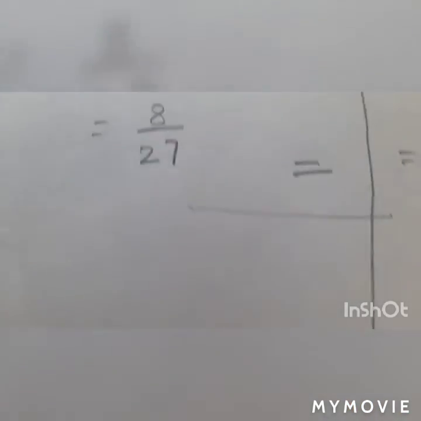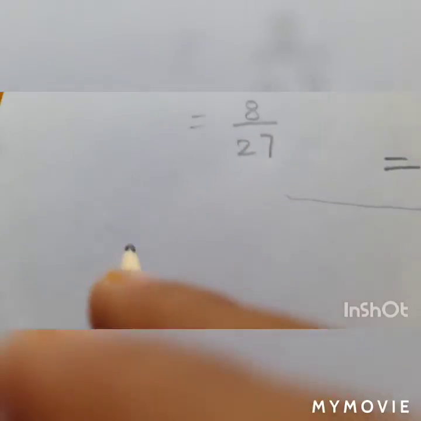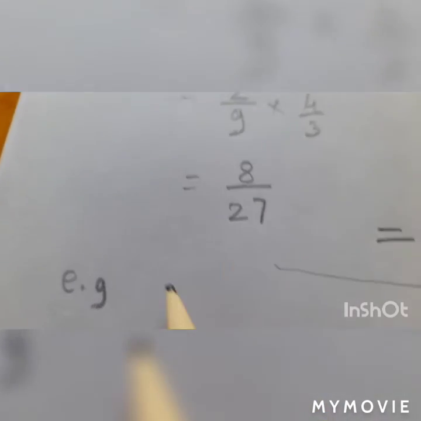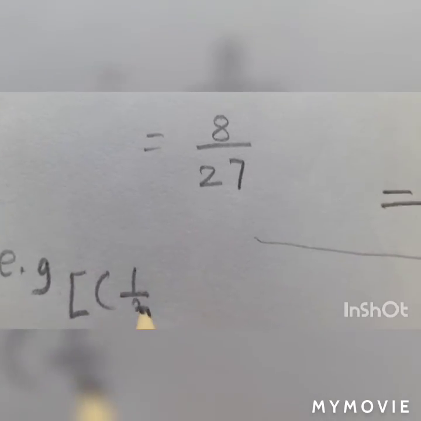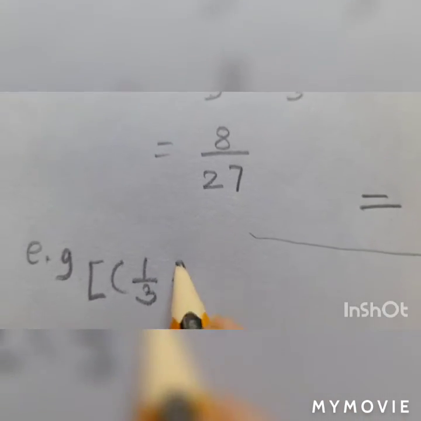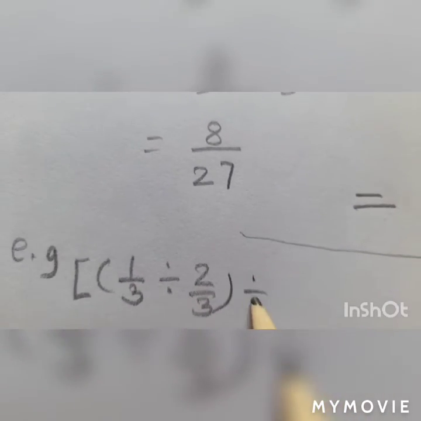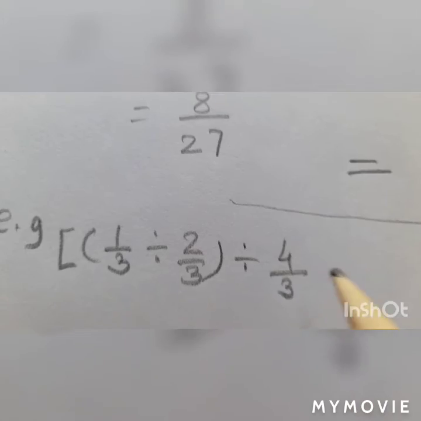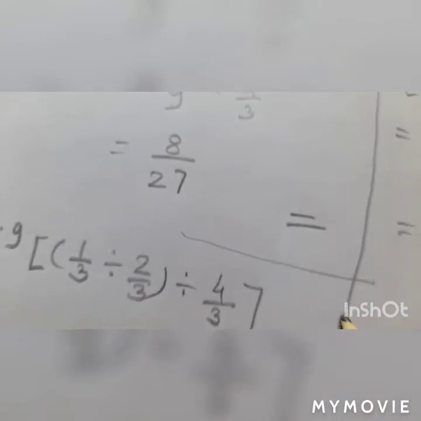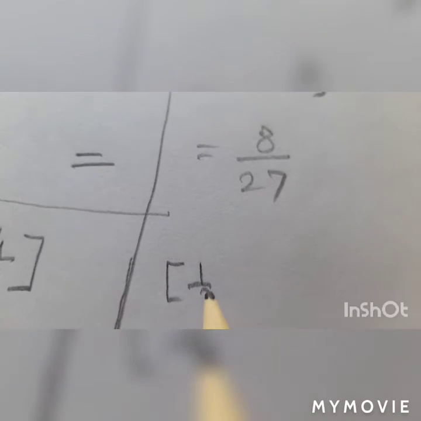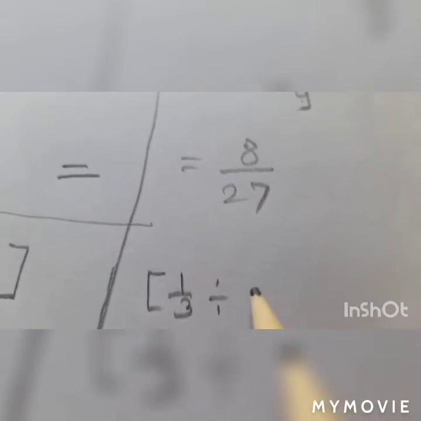Now we will check division. I have taken the similar numbers in examples because it makes it easy to understand. 1 upon 3 divided by 2 upon 3 divided by 4 upon 3, square bracket complete. On other side we will take 1 upon 3 out of round bracket.